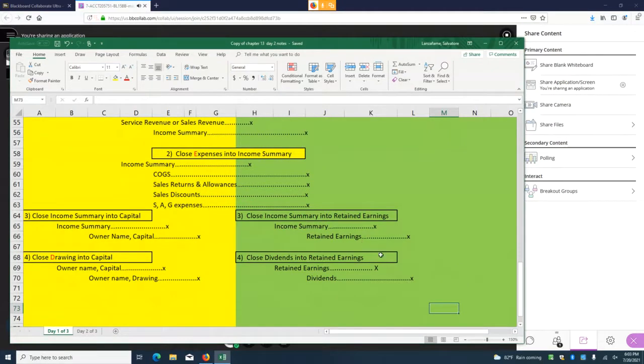And instead of closing income summary into capital, we are now using retained earnings in place of capital. And we no longer have drawing, we now have dividends to replace it. So I'm going to put that D in dividends in red here, just to remind you of the red accounts.